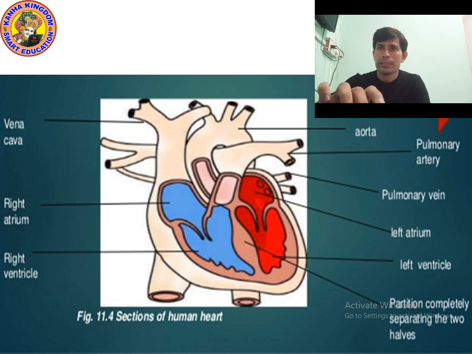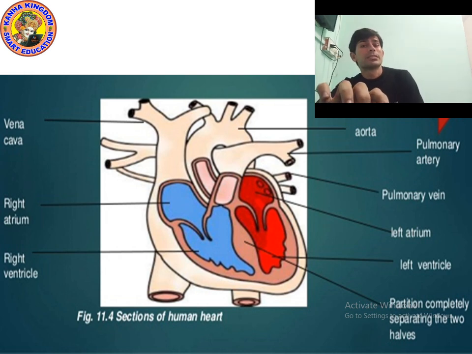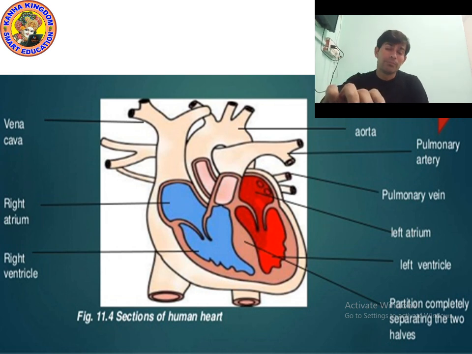And you can see a wall which is separating these chambers so that blood cannot mix. If the blood mixes, then it will be very dangerous.